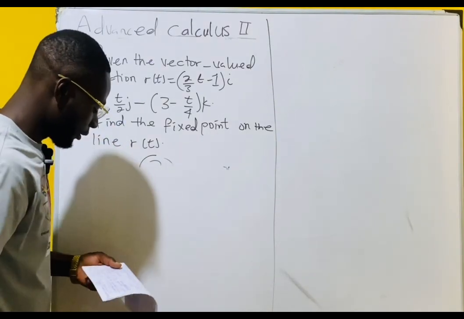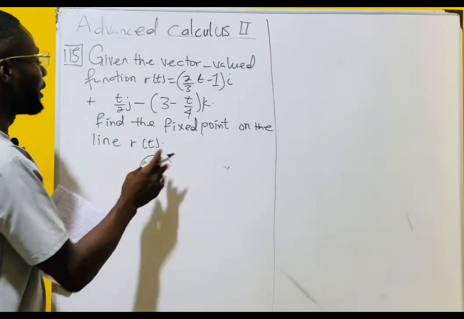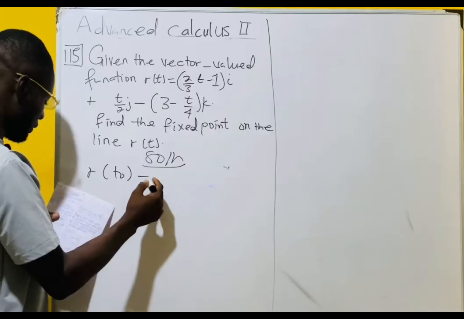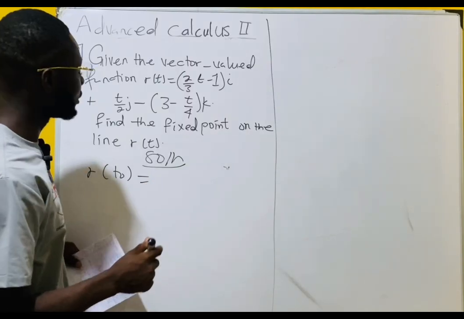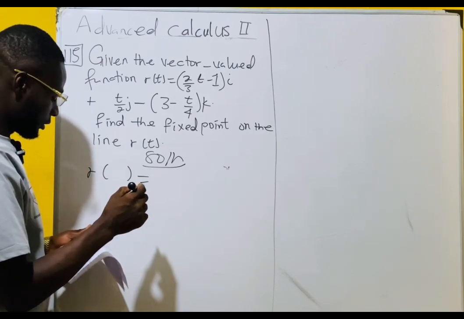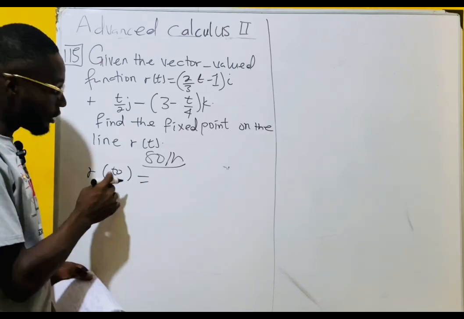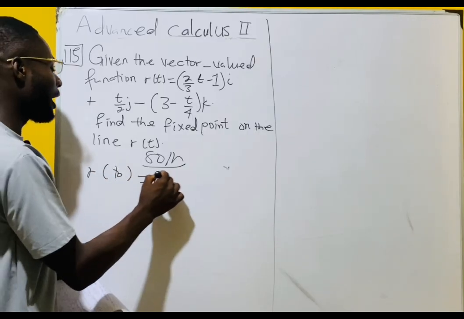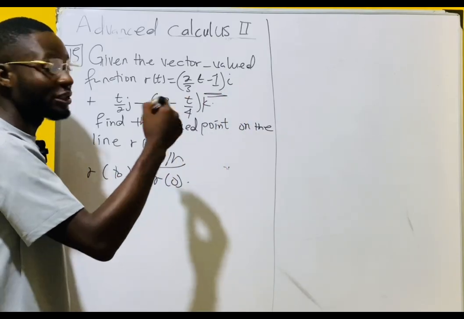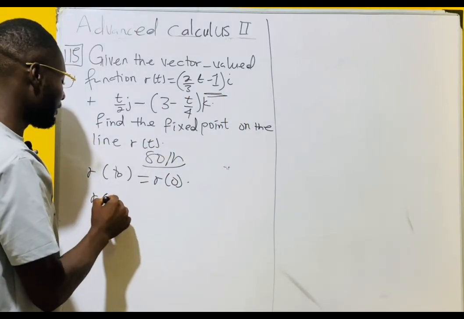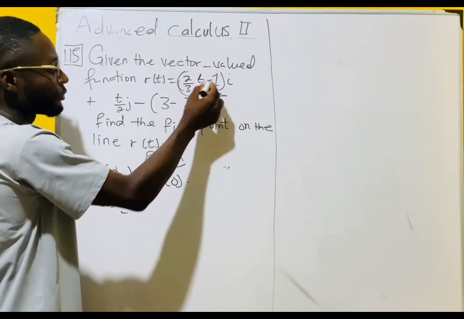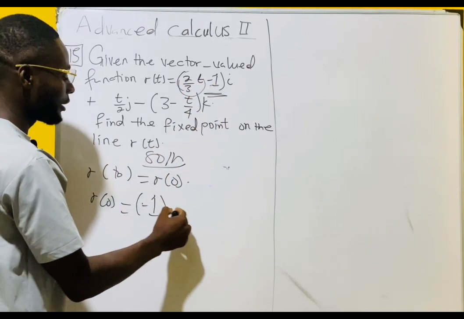So r of t naught equals r of t naught. r of t naught basically means r of 0, meaning that you are going to substitute 0 in place of t. So r of 0 equals, when we substitute 0 here, negative 1 i.